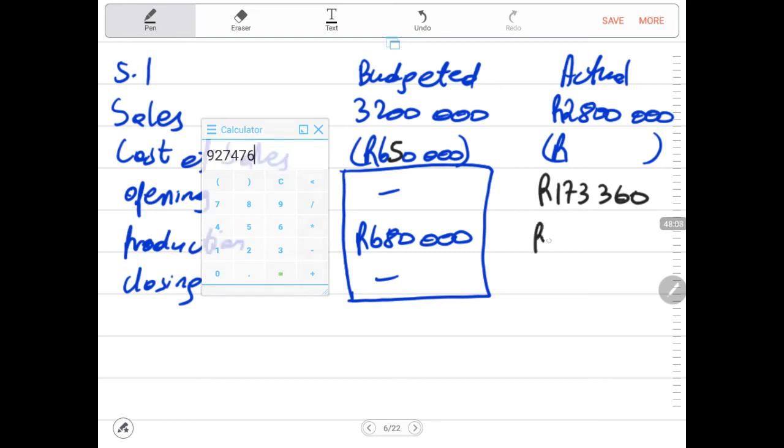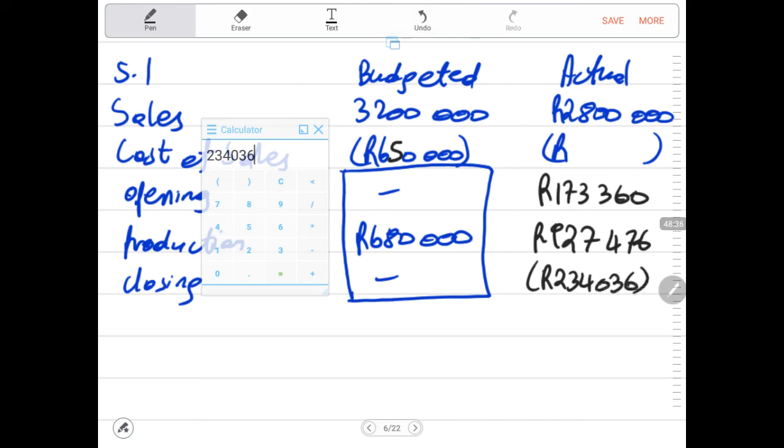It will give us 927,476, and our closing, which is 10,800 times 21.67, it will give us a total of 234,036.36.